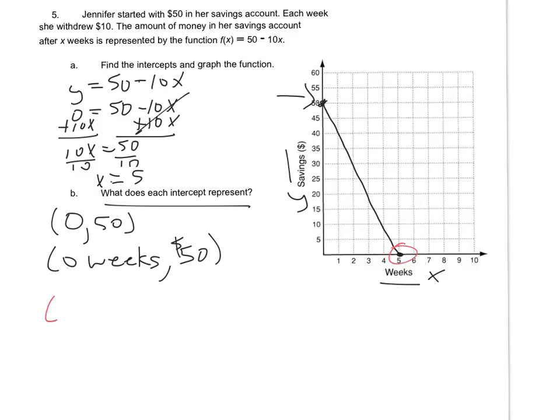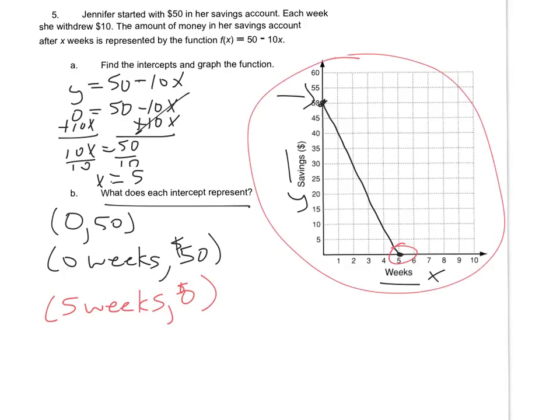Well, that means in 5 weeks, I will have $0. So I will be out of money in 5 weeks. And that's how you interpret the x and y intercept in the context of the problem. So in 5 weeks, Jennifer has spent all her money and she will have $0 in her bank account.